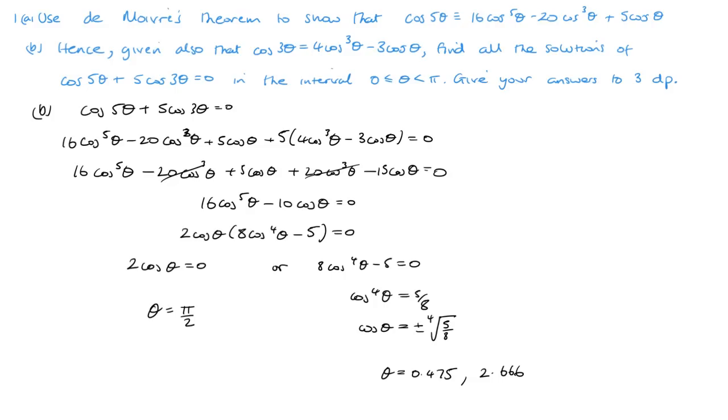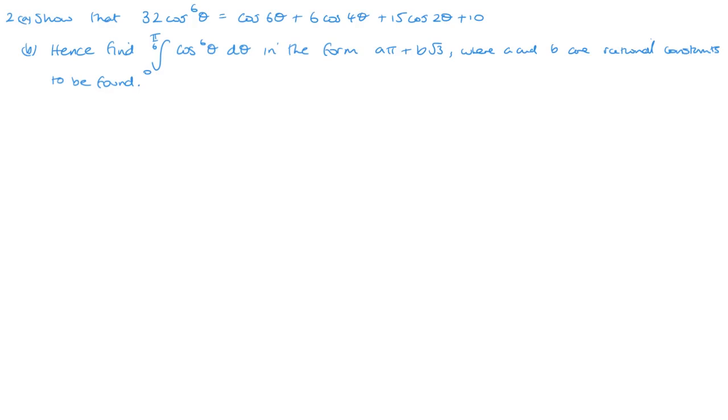Let's have a look at number 2. Right, let's have a look at part A. So we've got 32 cos to the power 6 theta. So let z equal cos theta plus i sine theta.